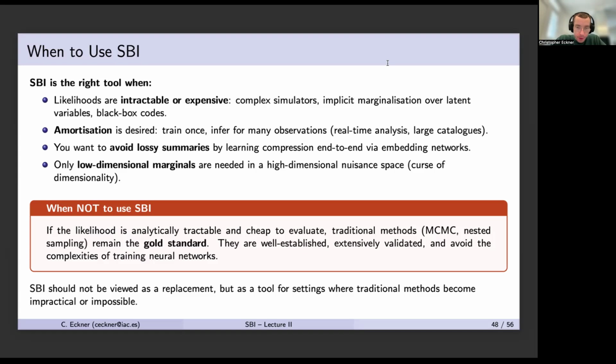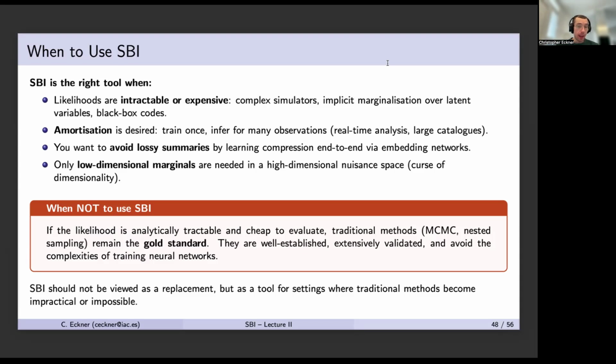If you avoid this and retain more information from your actual data, you might want to use this technique, because embedding networks that optimize on the fly with the method itself, the embedding and compression, might be more powerful. And of course, also if you're only interested in a few marginal distributions and not all of the parameters that your model might have, then this is the way to go, because you can reduce a lot of the overhead for computation if you exactly have this in mind.